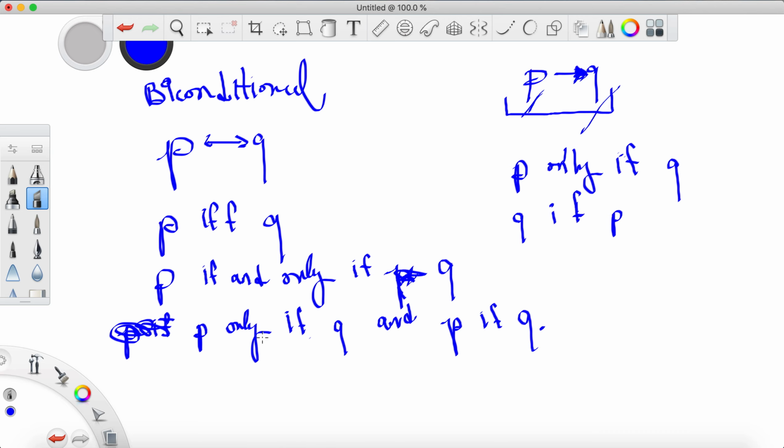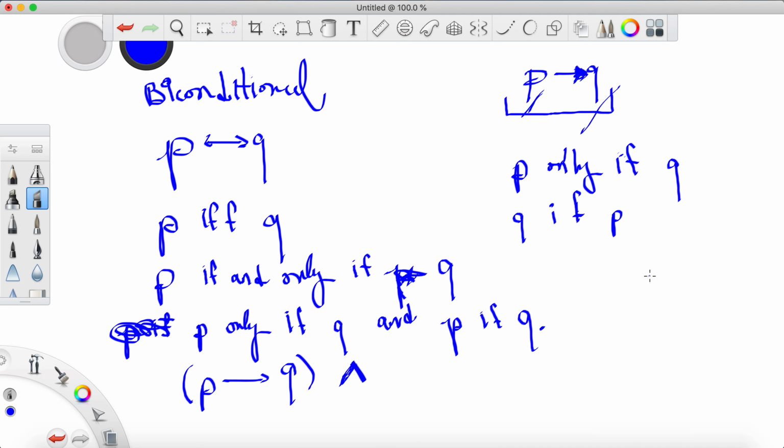Okay, so what does this mean? Well, P only if Q, just by what I wrote over here, what we discussed earlier, this would just be P implies Q, right? And now I've got the word and.